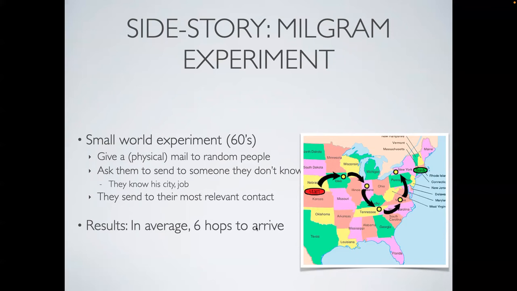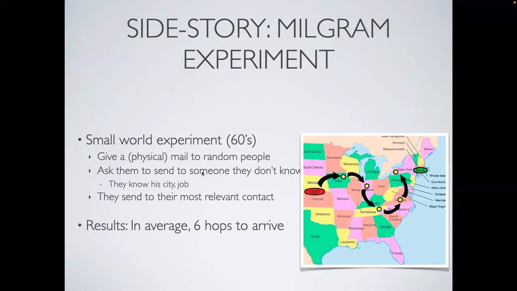The experiment consisted in giving a mail to people, a physical mail, because it was the 60s, and you give it to a random person and ask them to send this mail to someone else that they don't know, but what they know is the name and some information like the city they live in, maybe what they do as a job, what their age is, something like that.